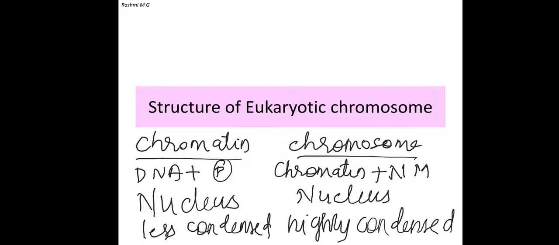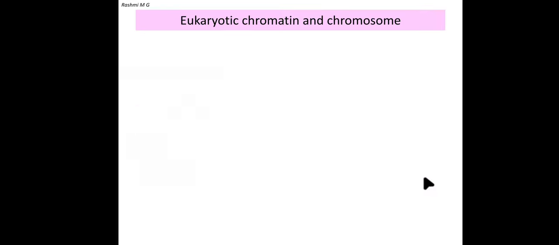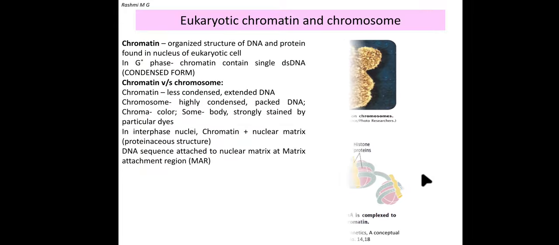So chromatin is made up of what? DNA and protein. Chromosome is made up of what? Chromatin and nuclear matrix. Where is it present? In the nucleus. How about chromatin's condensation? It is less condensed. How about the chromosome's condensation? It is highly condensed.